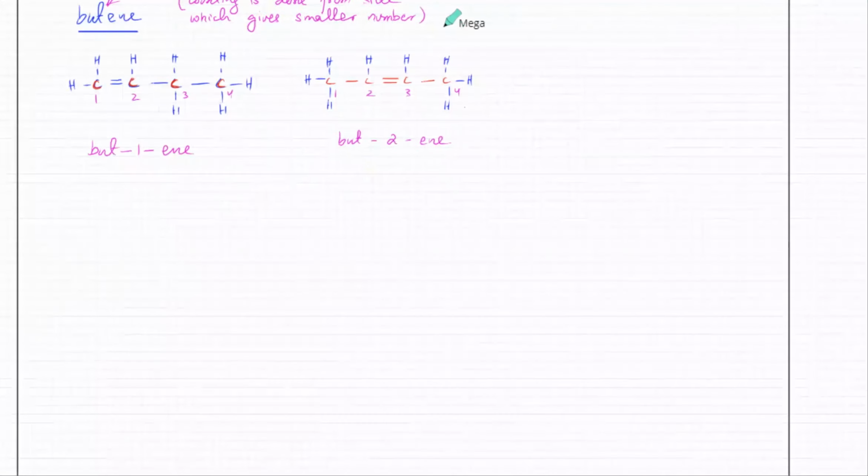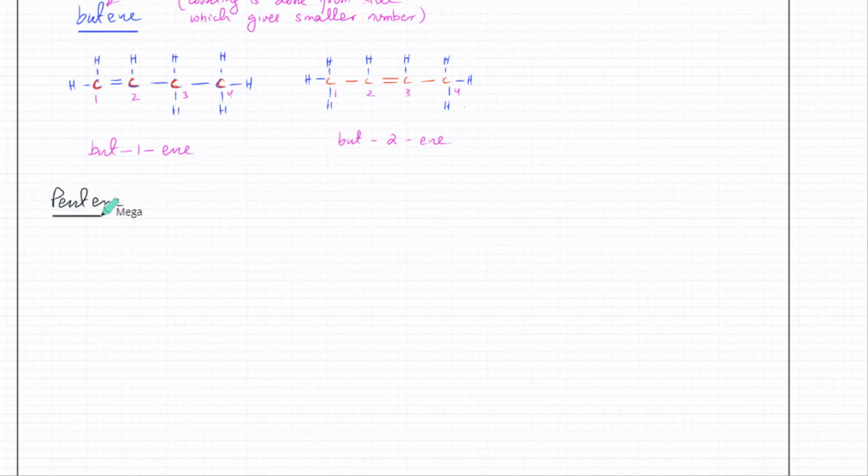Pentene, you'll have the same exact scenario. Like if you draw pentene, it's going to have the same issue, that there would be many different versions of pentene. Like where do you put the double bond? So pent means 5 carbon atoms.